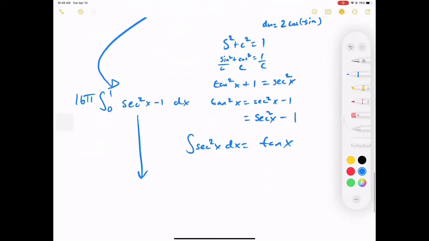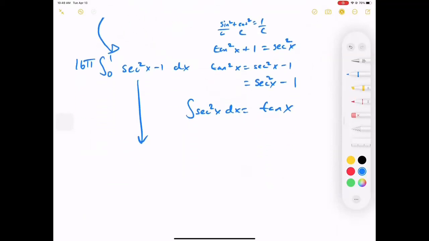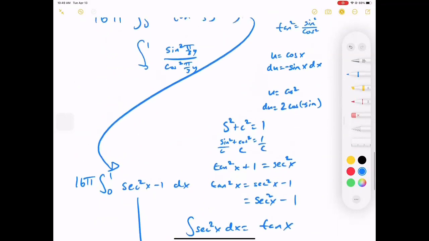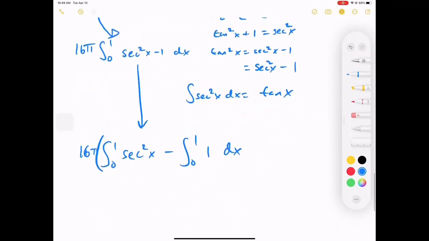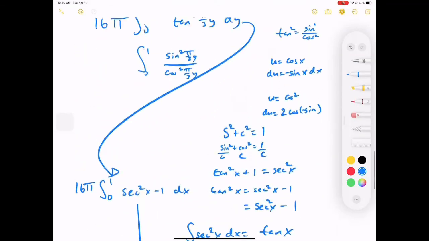So from here, we can say 16 pi times the integral from 0 to 1 of secant squared x minus the integral from 0 to 1 of 1 dx. I think that's right. Did I mess up anywhere? Of course, I need to write down all the variables. Pi over 3y, right?